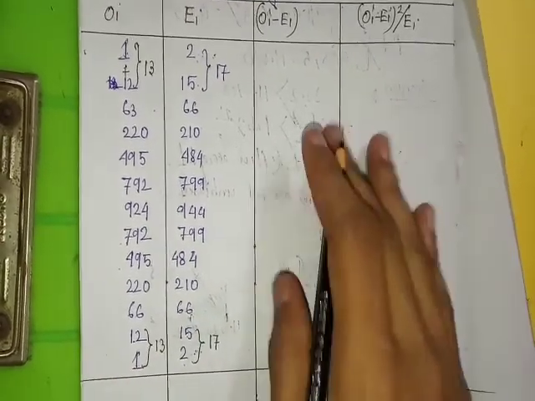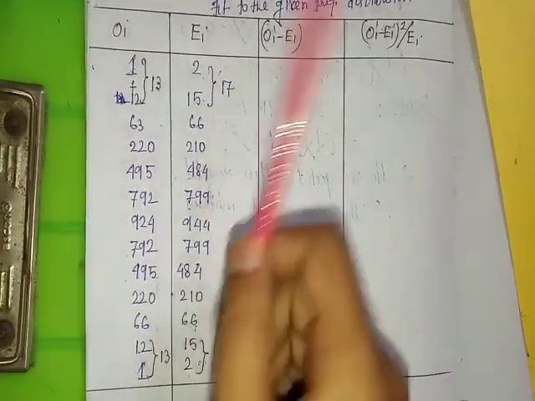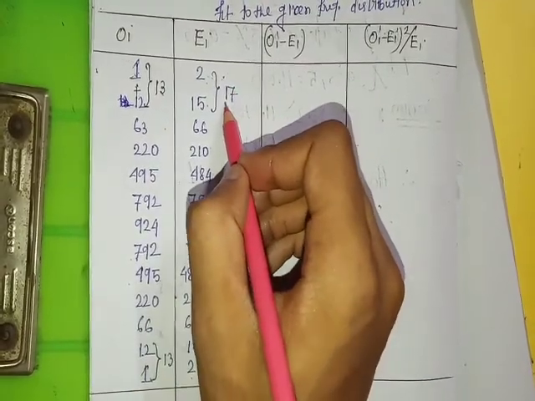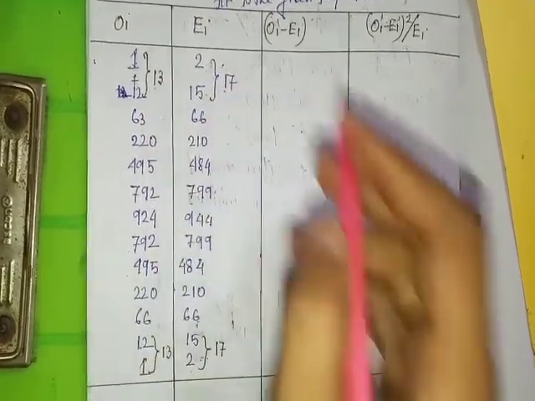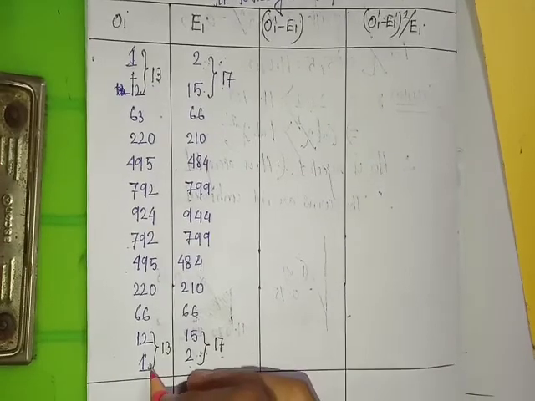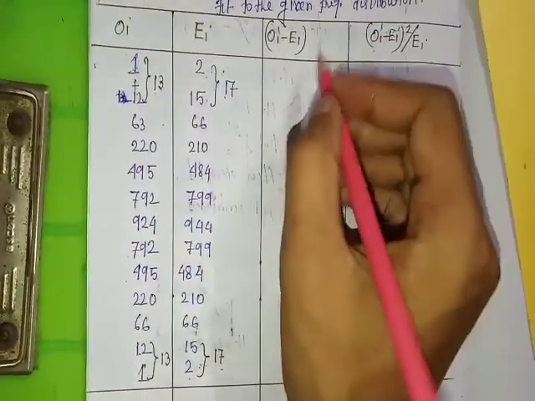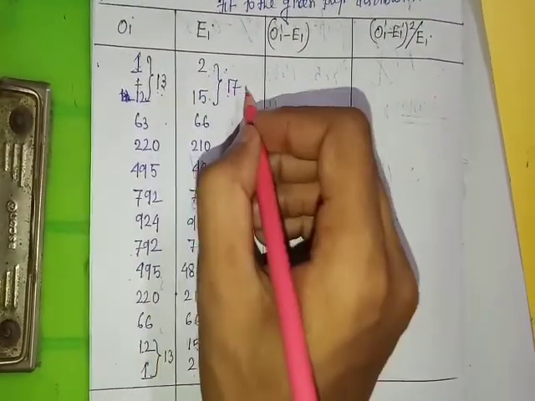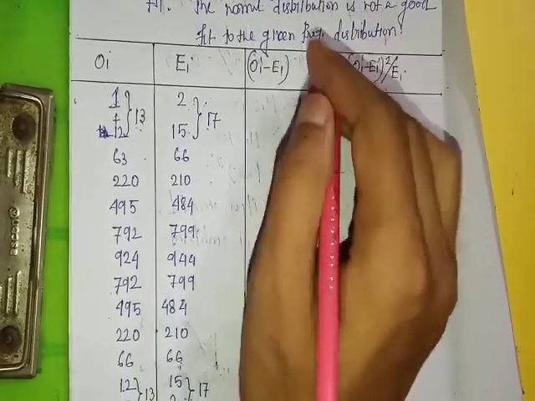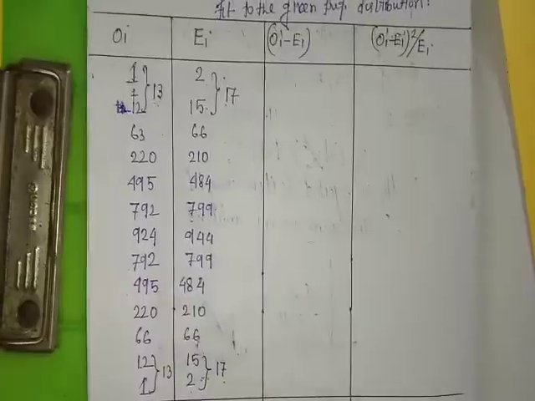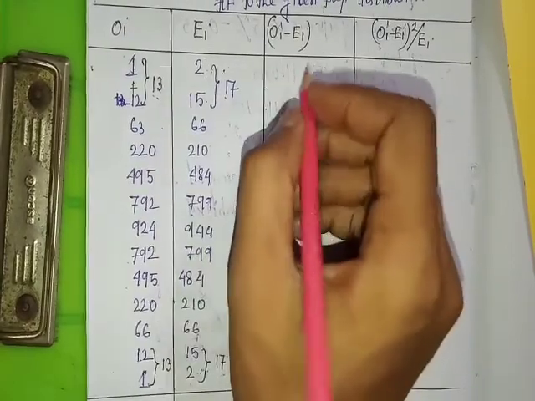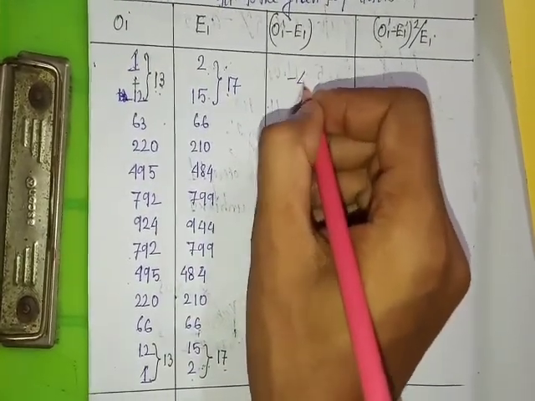Next, this is the new expected frequency, this is the new observed frequency. Then Yi minus Ei: 13 minus 17, that is minus 4.